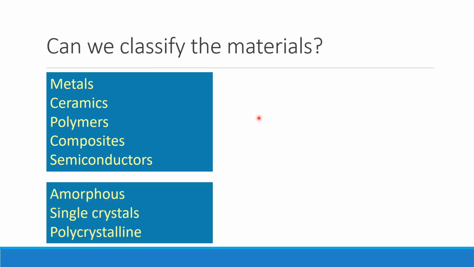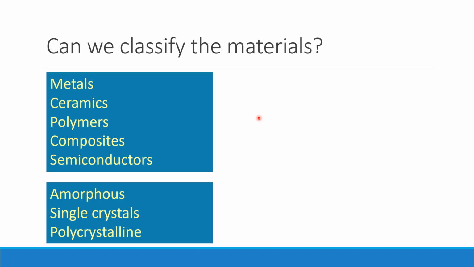Also, we go for classification depending on the kind of order or the range of the order present in the material. Then we talk about amorphous materials, single crystal, or polycrystalline. In the case of amorphous materials, there is no long range order. In the case of single crystals, we have short and long range order.